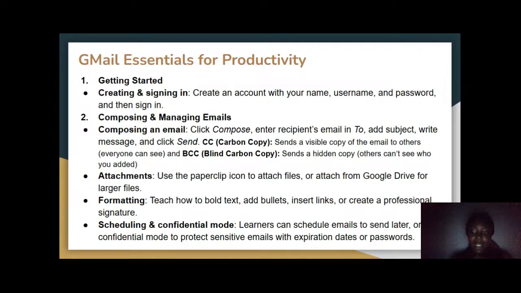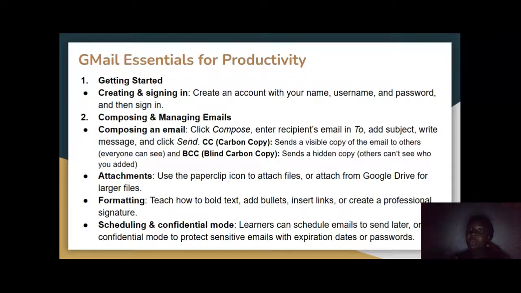So CC, like we always see in our mail, CC means carbon copy. Carbon copy means to send a visible copy of the mail to others so that everyone can see. As you're sending this mail to up to four persons, you're copying four persons at the same time.